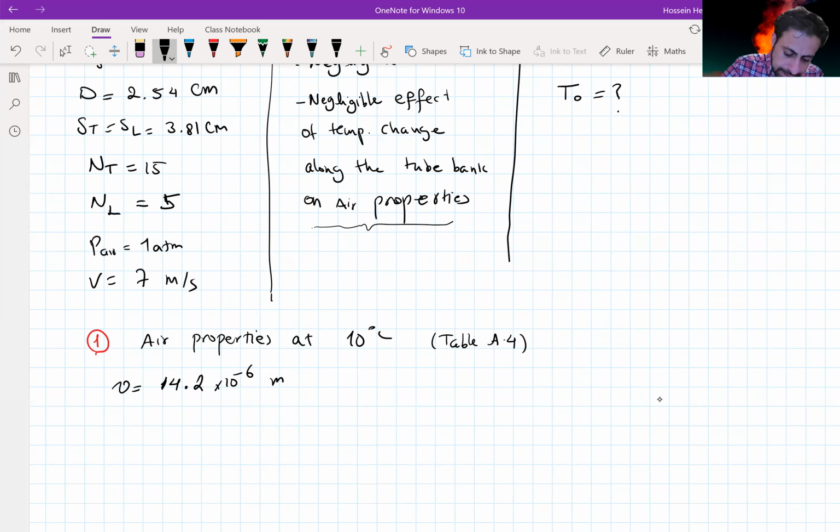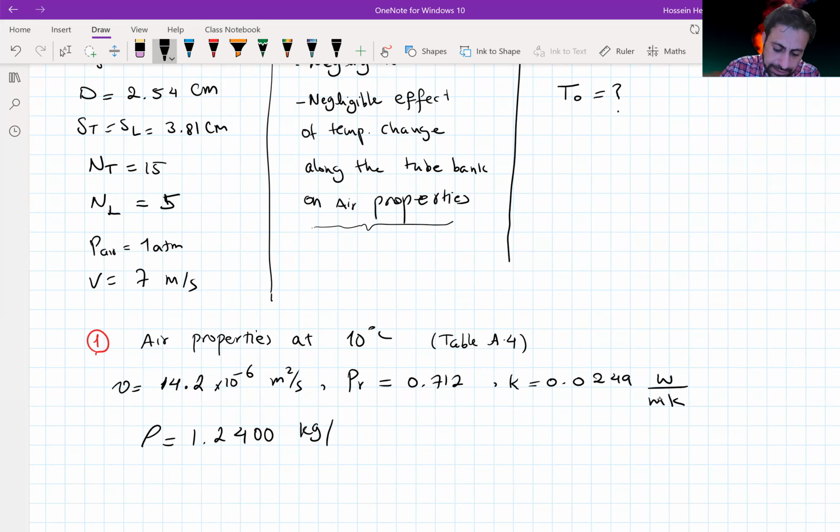Prandtl number is 0.712 and k is 0.0249 watt per meter Kelvin. Density of air is 1.2400 kg per cubic meter.